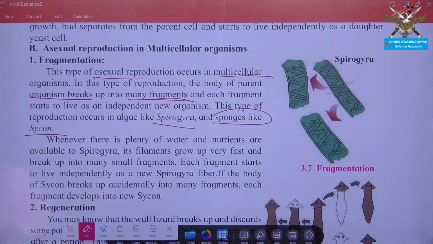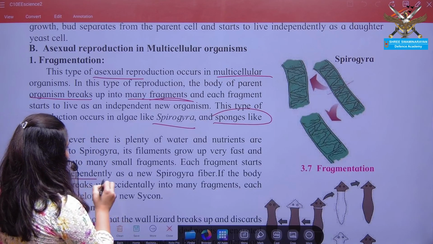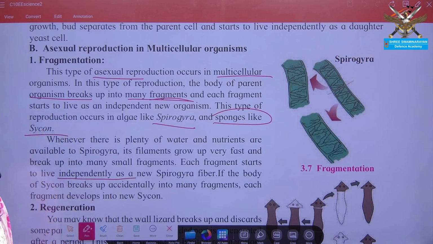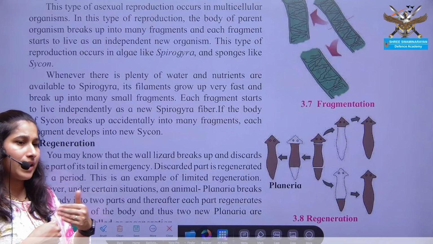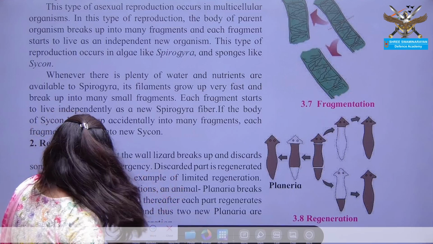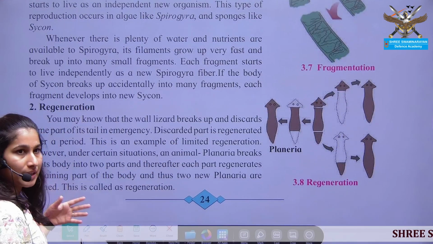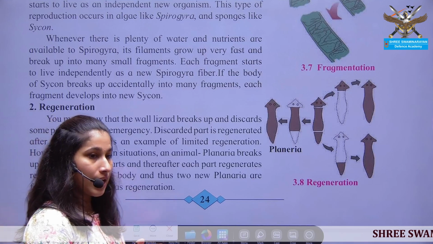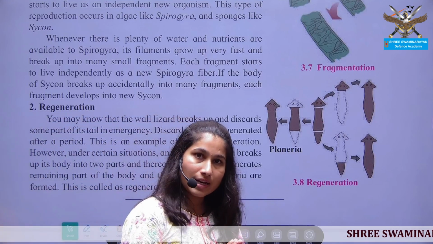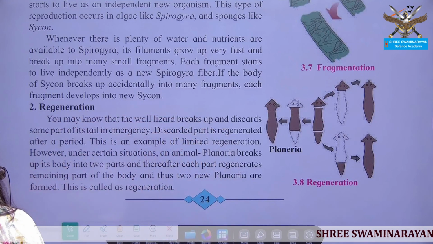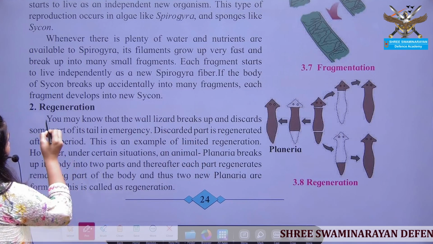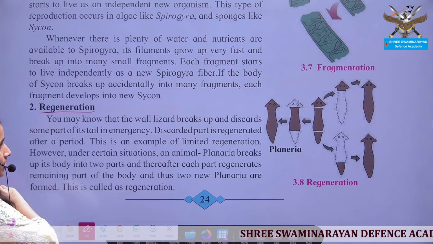Each fragment afterwards performs individual functions. This division may be due to accident or some kind of force. The organism breaks accidentally and a new fragment is formed, and this new fragment individually gives rise to a new organism and starts its functioning.